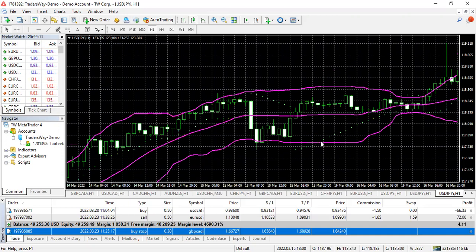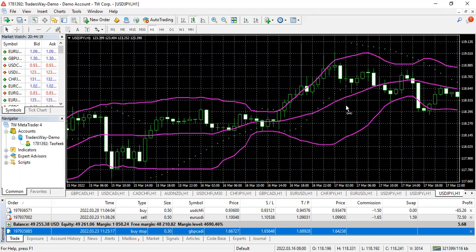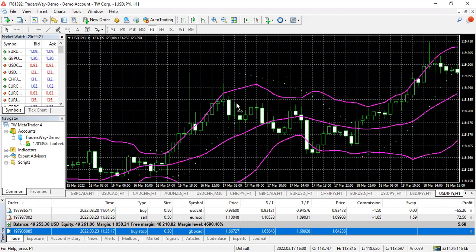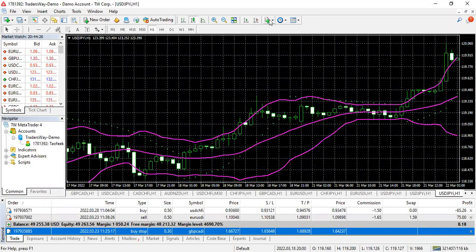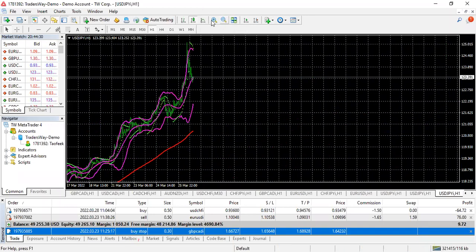You can see my screen, you understand what I'm talking about. These are dots below the market, which means it's telling us that we have an uptrend. We should go, the market is in an uptrend. But when it's dots above the market, it is a downtrend.